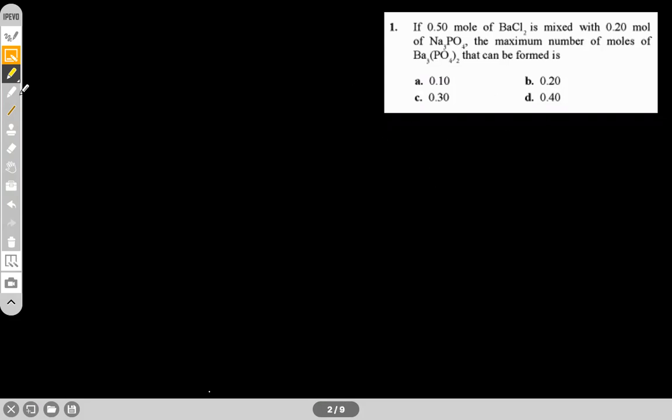So what is the reaction here first of all? The reaction is BaCl2 plus Na3PO4 gives Ba3(PO4)2 plus NaCl.